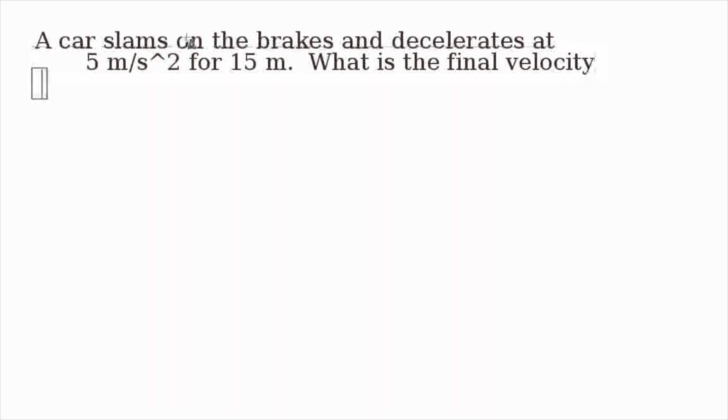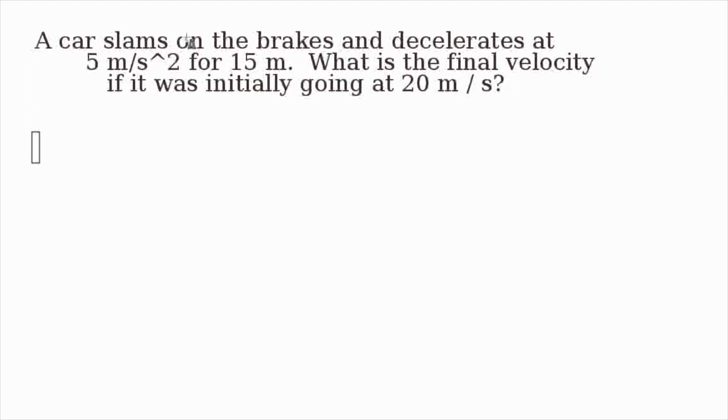A car slams on the brakes and decelerates at 5 meters per second squared for 15 meters. Okay, what is the final velocity if it was initially going at 20 meters per second?